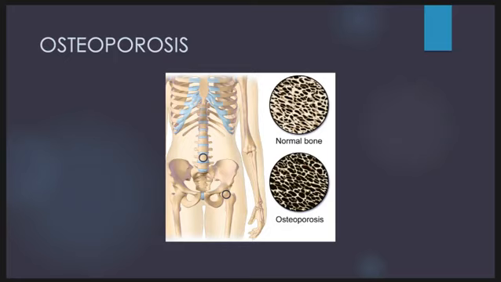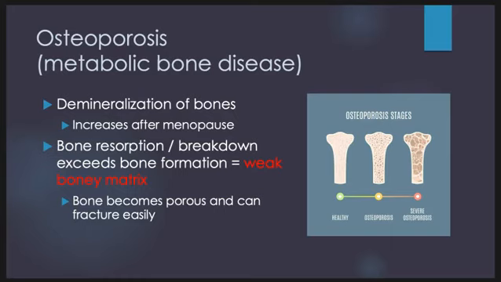Next, we will also cover osteoporosis, a metabolic bone disease. Osteoporosis is a chronic disease of cellular regulation in which bone loss causes significant decreased density and possible fractures.